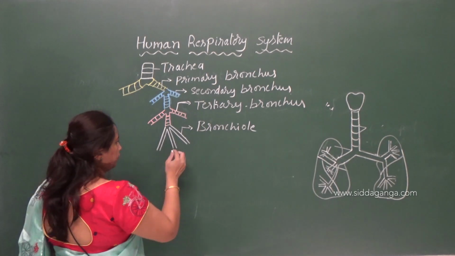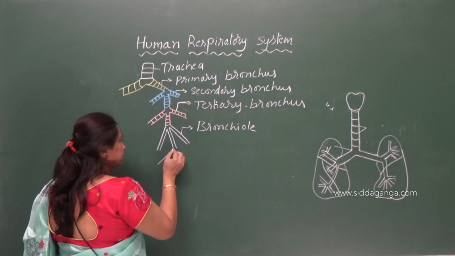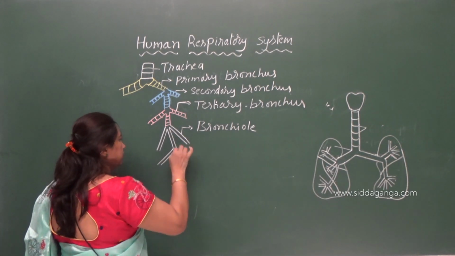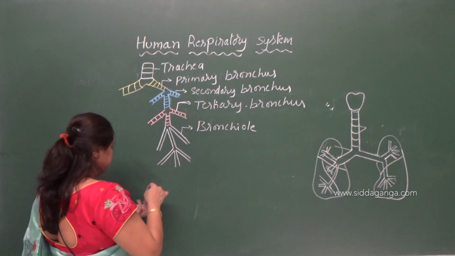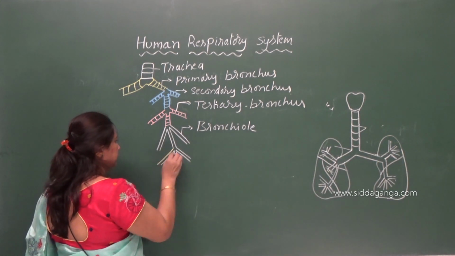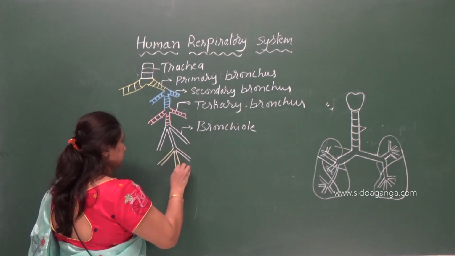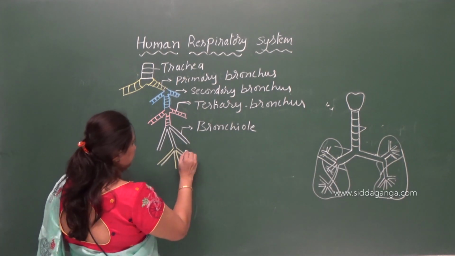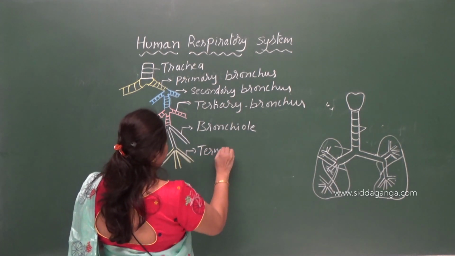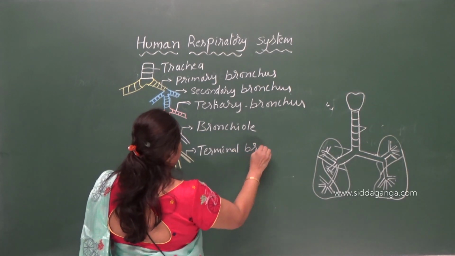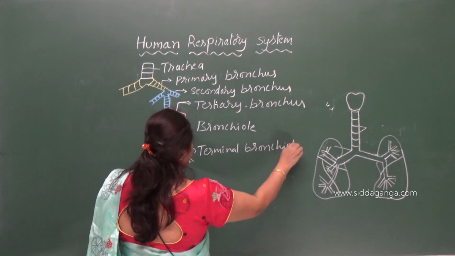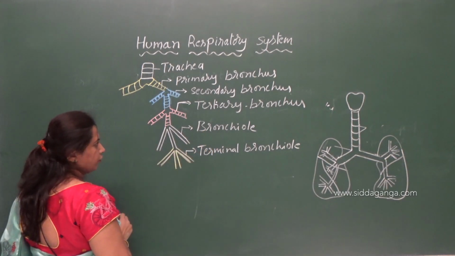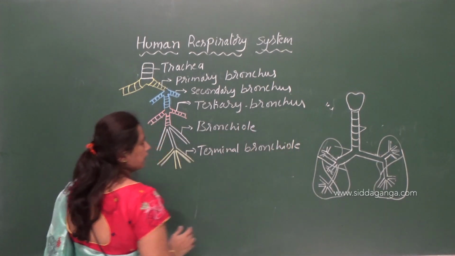Now, each bronchiole will divide to form terminal bronchiole. Terminal bronchiole. Okay. So, the bronchioles in turn divide to form terminal bronchioles, and up to this is the conducting zone.